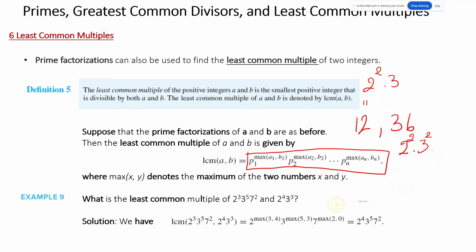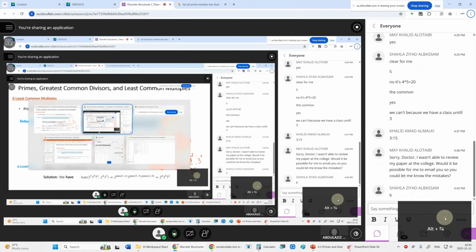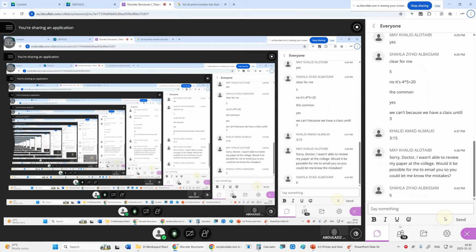Well, in this case both of them have 2, so I'm going to have 2 squared. Times 3: one has 1 here and one has 2, so it's going to be 2. So what does this mean? The least common multiple is going to be 36. Somebody has a question?